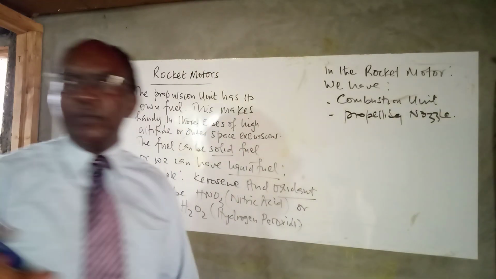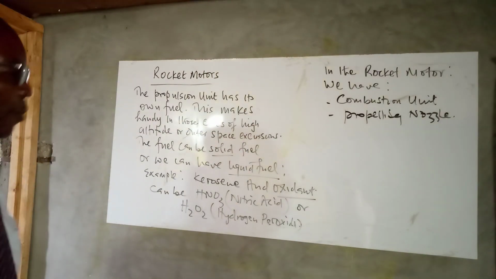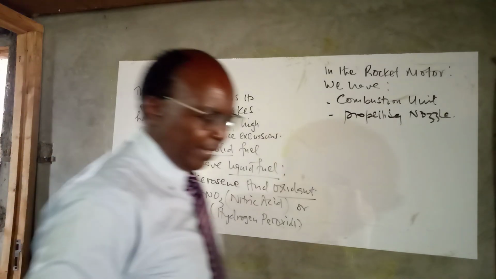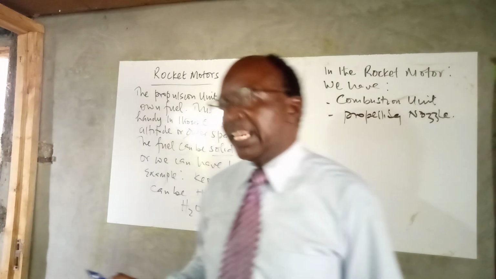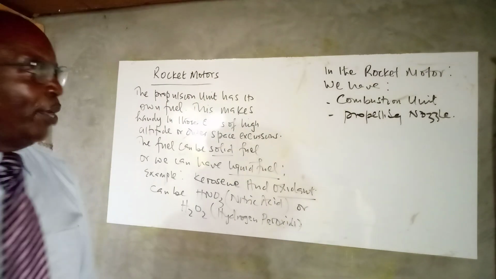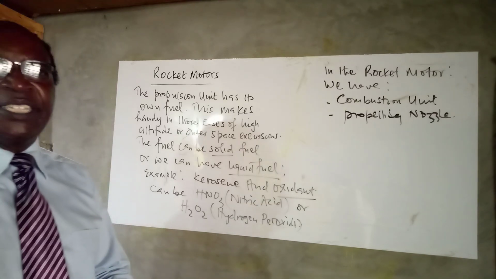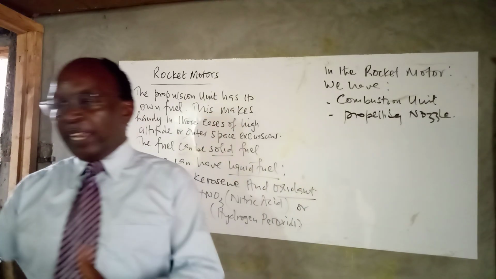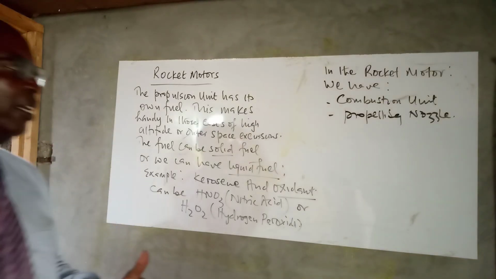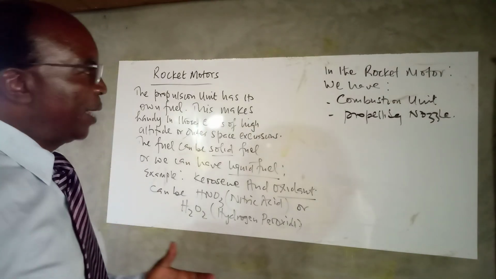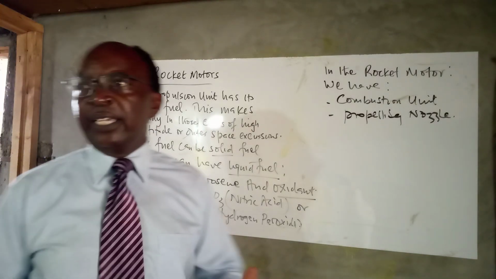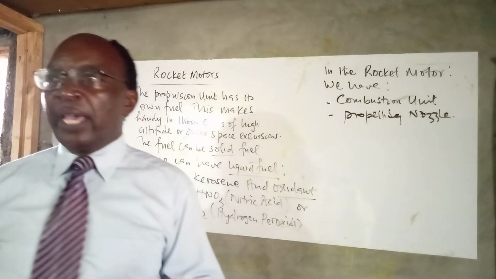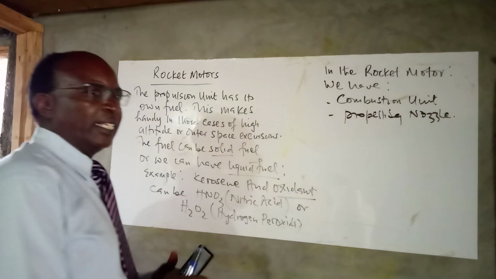Don't forget, when we talked about cases where atmospheric air played a critical role as the oxidant, we said that in the turbojet engine we had the diffuser, then the energy unit, which was the combustion chamber, and also the nozzle.